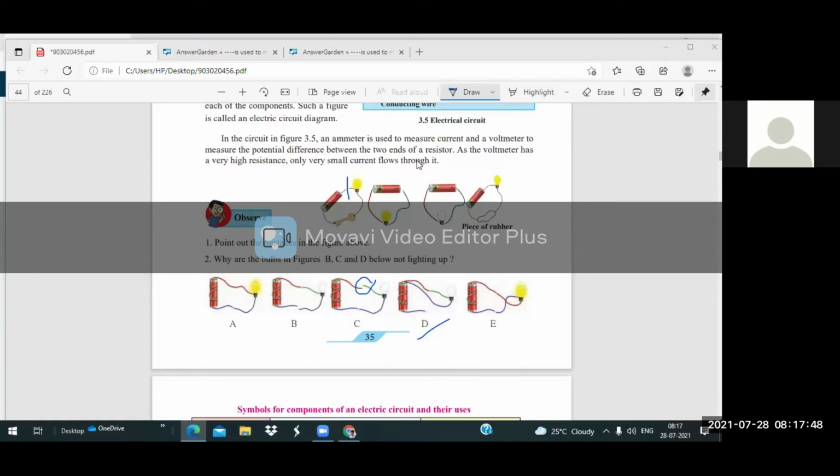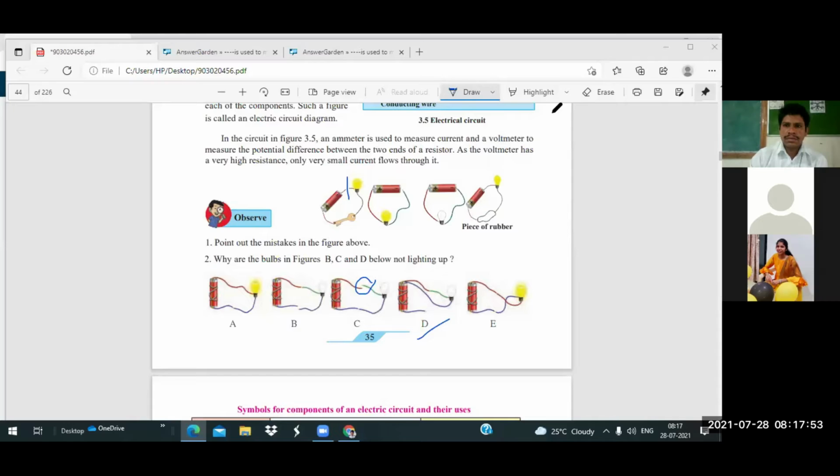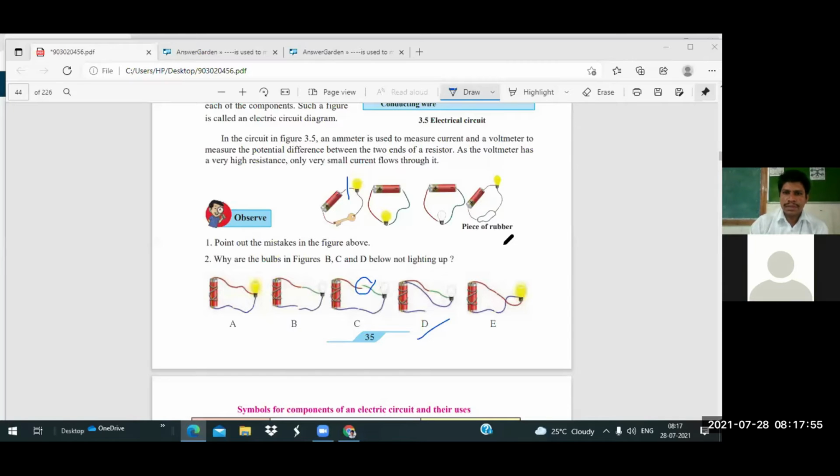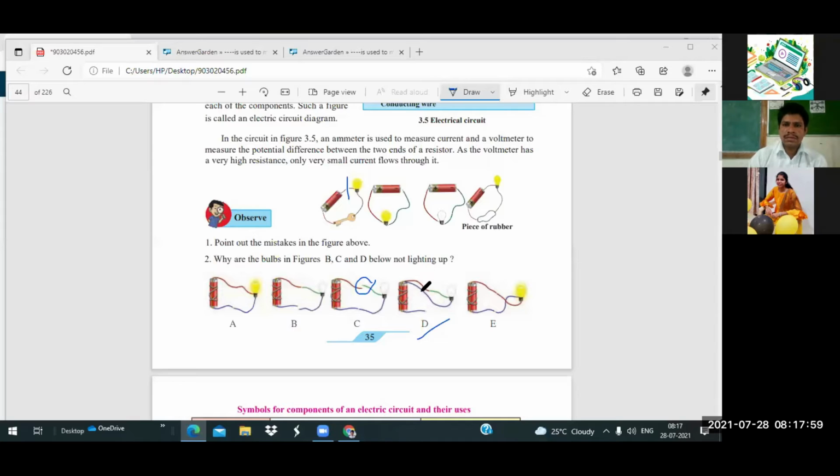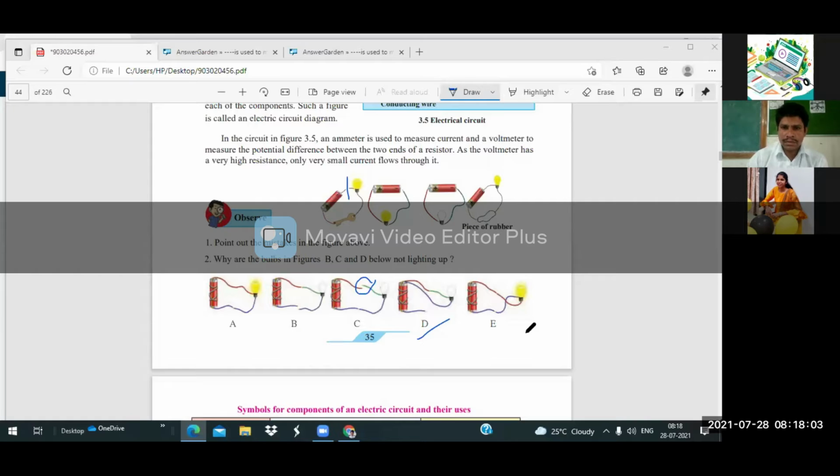More Chaitanya, Aditya Moiti. Yes, Sai Malpuri. Yes, sir. The purple wire is not connected, and still the bulb is lighted. Yeah. So here we got some mistakes.